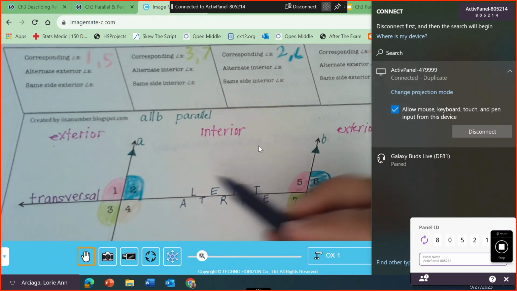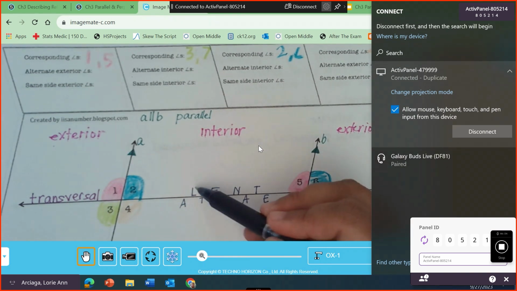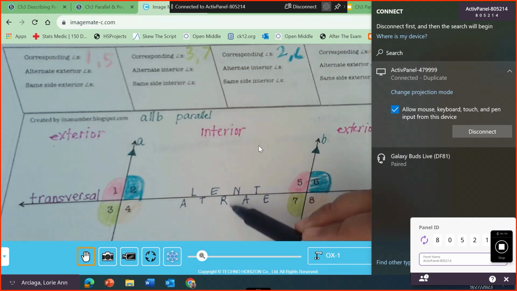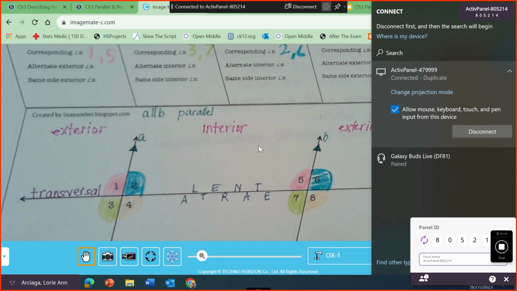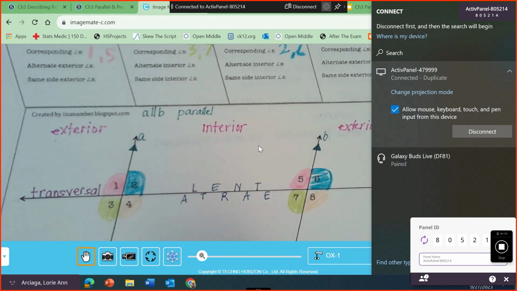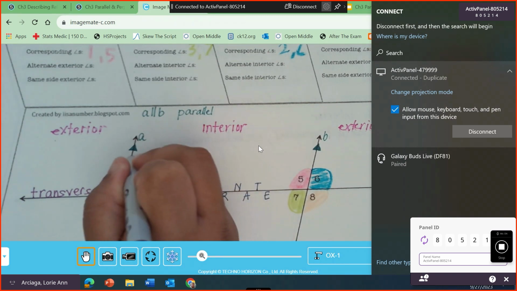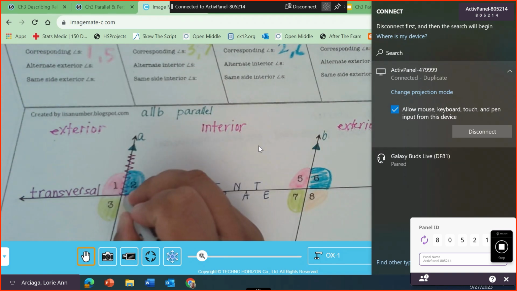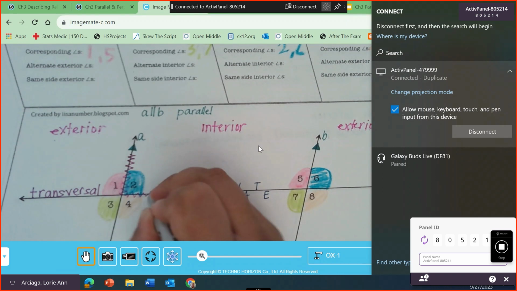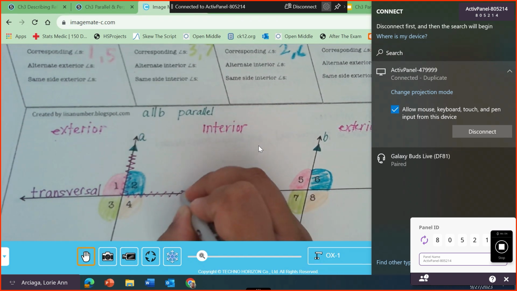Just to remind you, one goes below and then one goes up, so alternate. Right, so let's pick a starting point. Let's pick angle 2 first. Now make a zigzag from where angle 2 is. Make a zigzag like that. Go all the way here. Make that zigzag pattern.